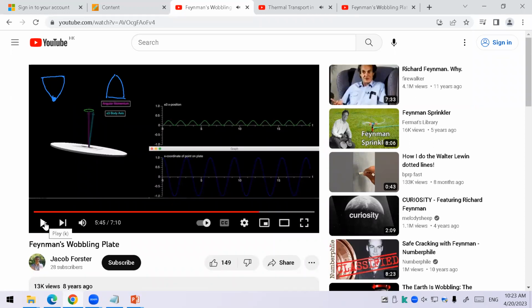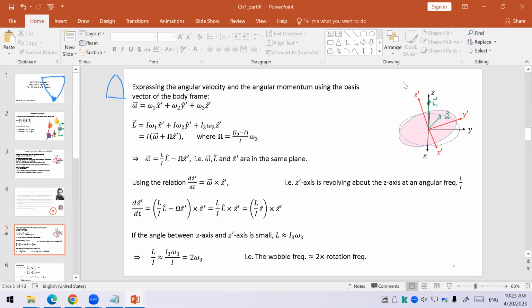And then you might ask, how fast is the rotation actually? That really depends on the initial condition that you give to the system.